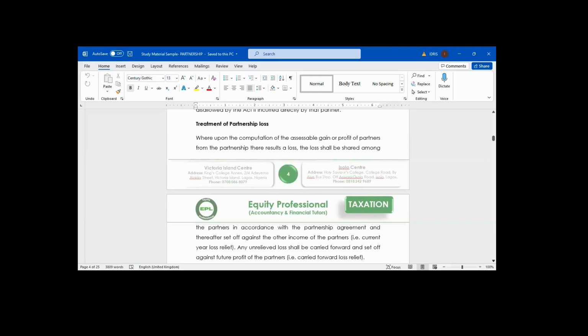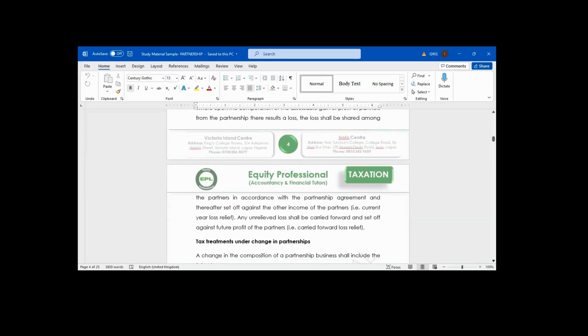If in the future there is a profit, before you assess the profit to tax, that loss will be relieved against the profit. So loss from the partnership business is going to be shared among the partners based on the profit sharing ratio.